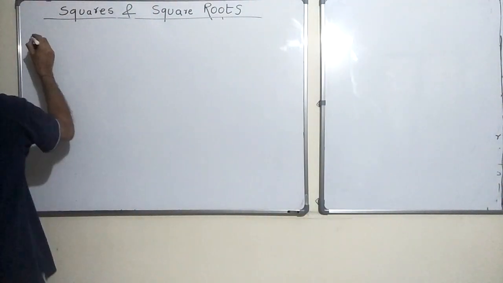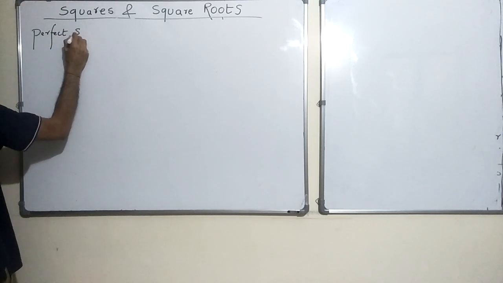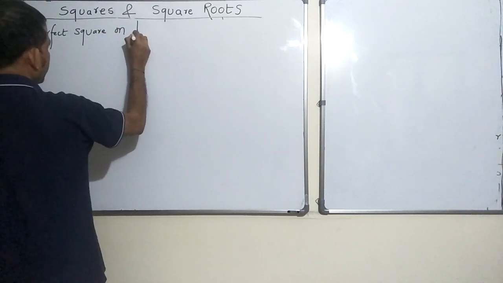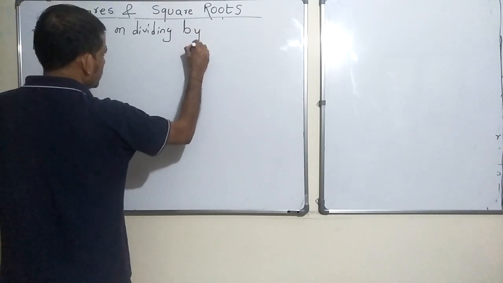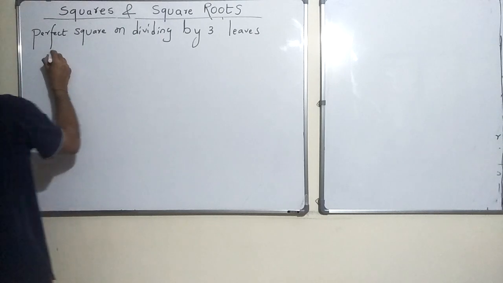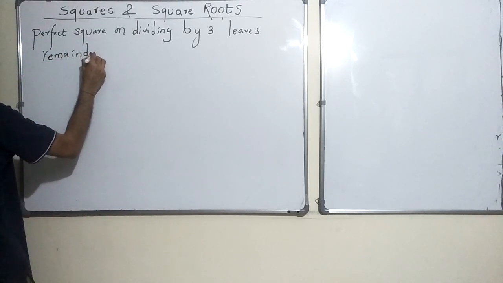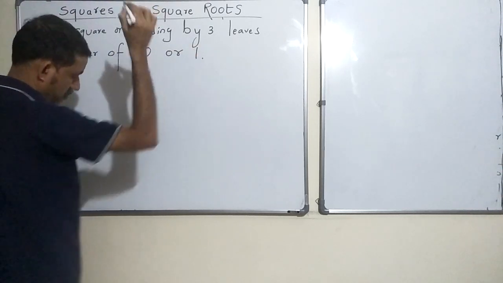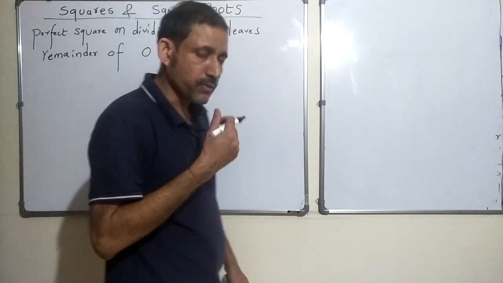Let's write it down. Perfect square on dividing by 3 leaves remainder of 0 or 1, which means never 2.